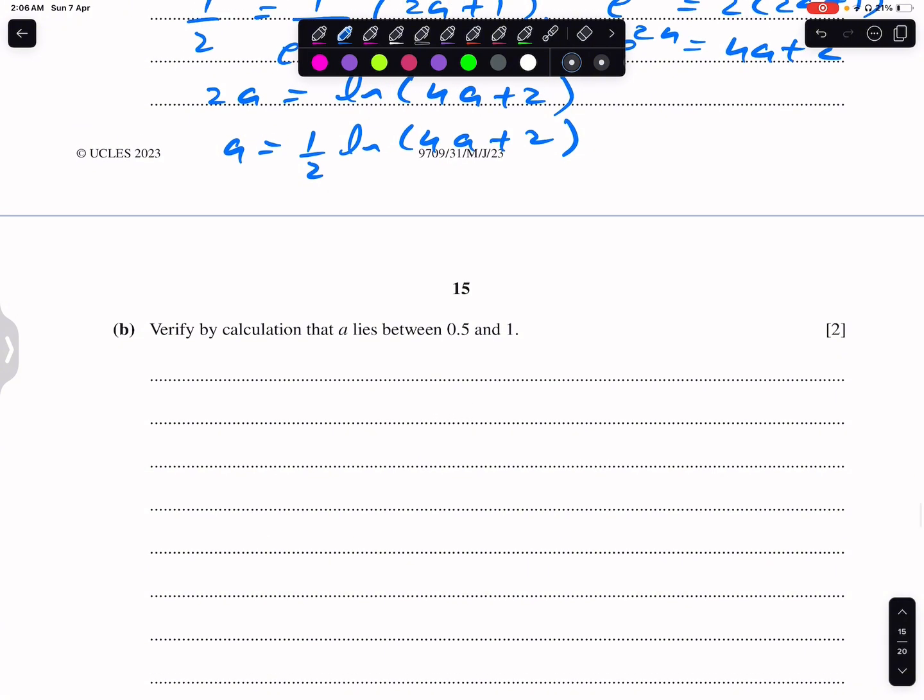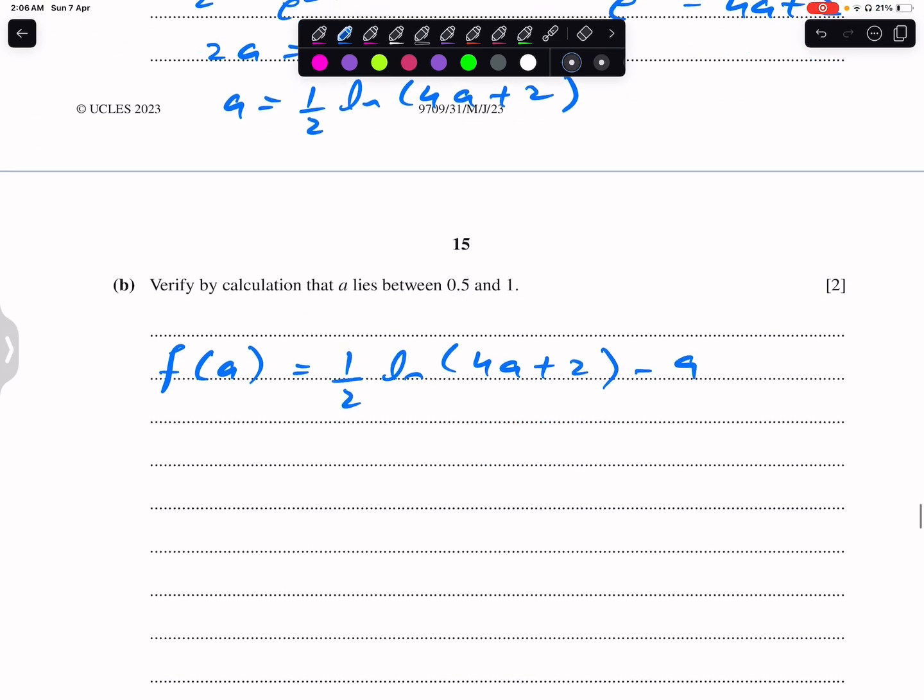Verify by calculation that a lies between 0.5 and 1. So let's make a function by bringing all the things on one side. Let's call it function of a and bring a on the other side. So f of a is 1 over 2 natural log of 4a plus 2 minus a.